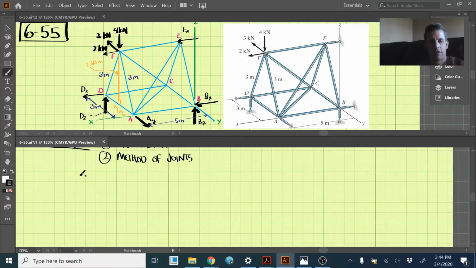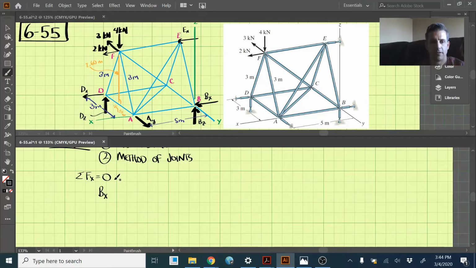All right, so we're going to have our equilibrium equations. Let's start out by summing the forces in the x and setting those equal to 0. What do we have in the x? We have Bx, and I drew all these axes in the positive direction, so that's Bx positive.